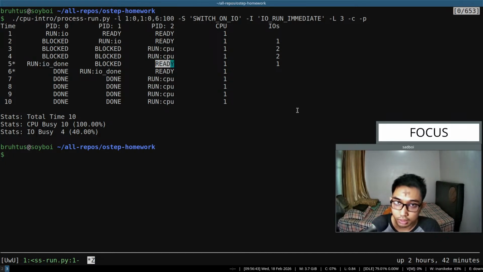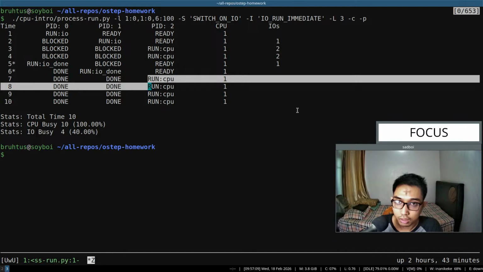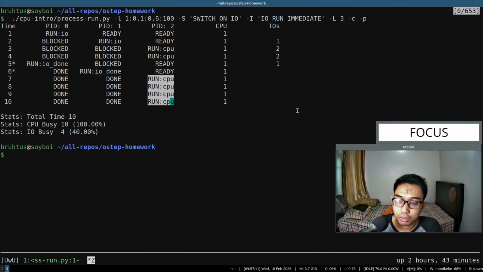So the CPU process becomes ready, and the first process is done. Now this one is done, which means the CPU process is not executing yet, waiting for this. This one is done, and then we run the CPU until finish.